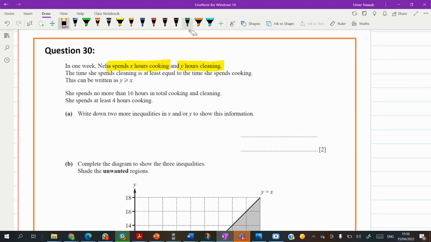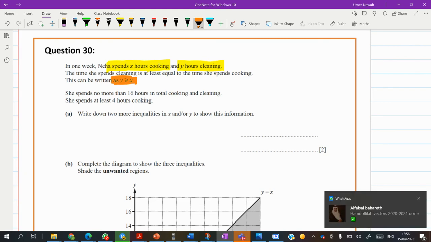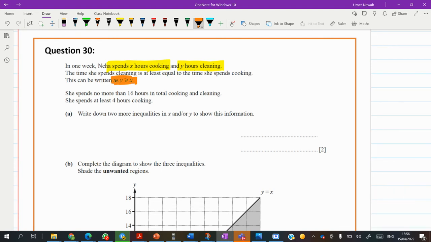The first inequality which is provided by him is y is greater than or equal to x. It means that the cleaning time is at least equal to the time for cooking. Now let's move on to the next. She spends not more than 16 hours in total cooking. And guys, you remember, she's working X hours for cooking and Y hours for cleaning.